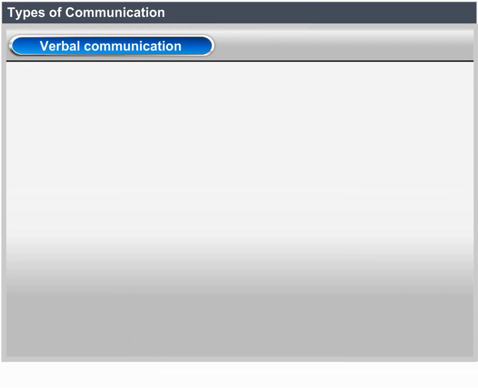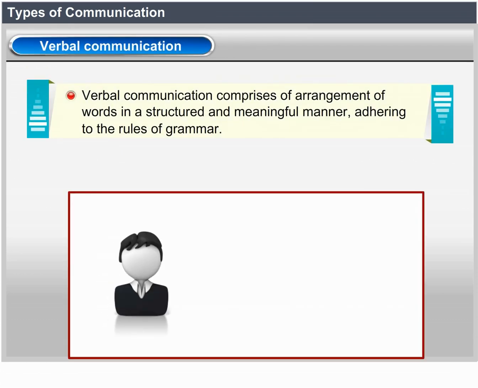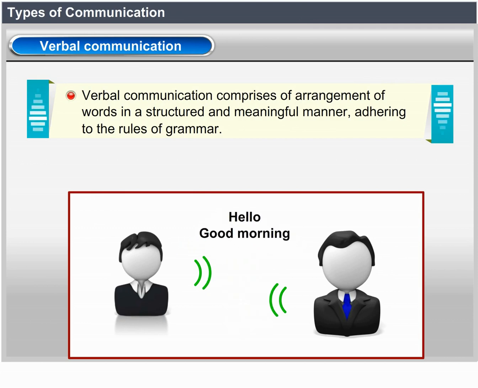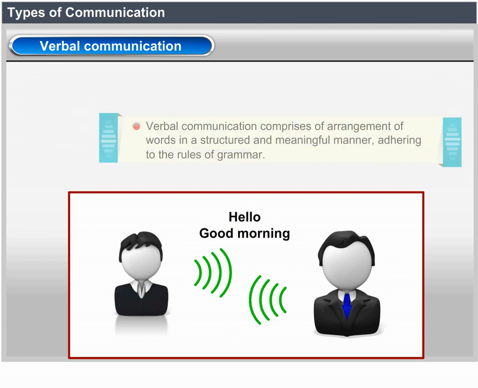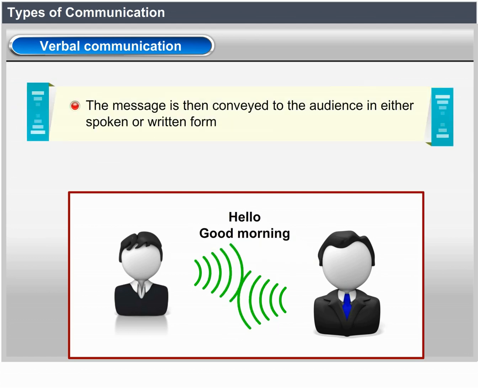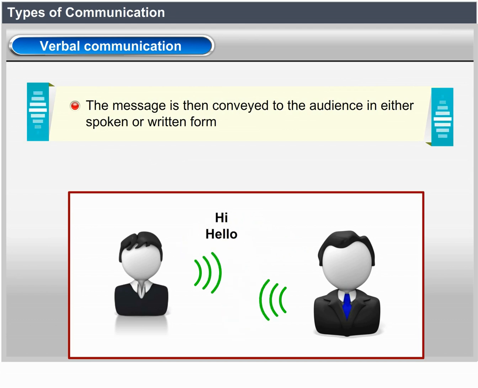Verbal communication. Verbal communication involves the arrangement of words in a structured and meaningful manner, adhering to the rules of grammar. The message is then conveyed to the audience in either spoken or written form.